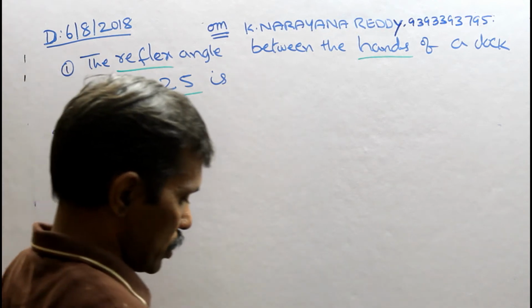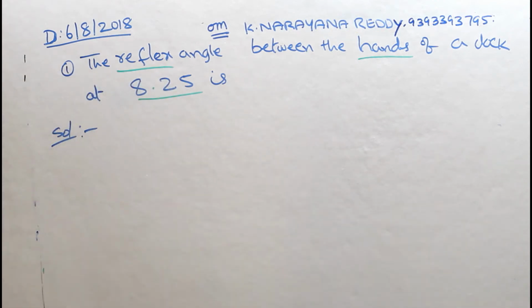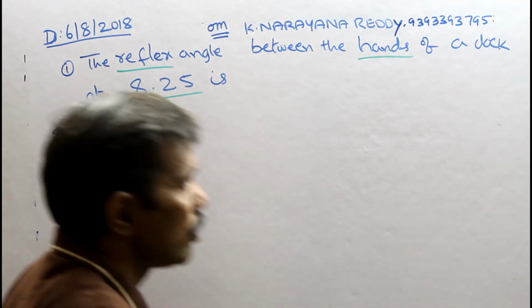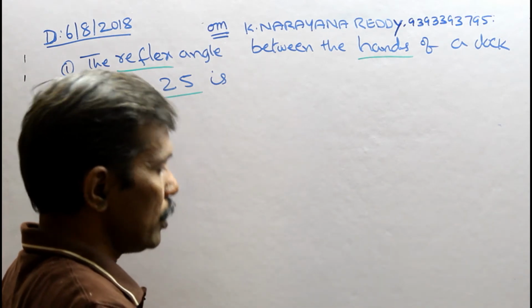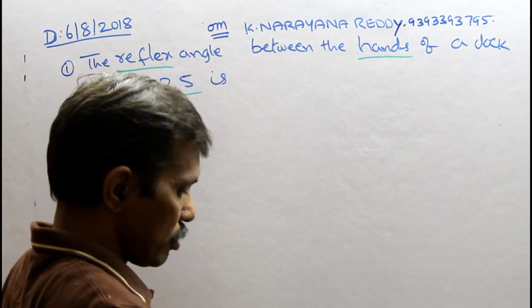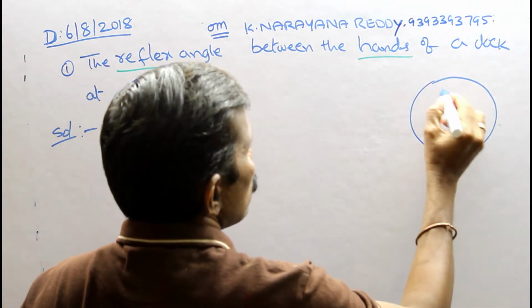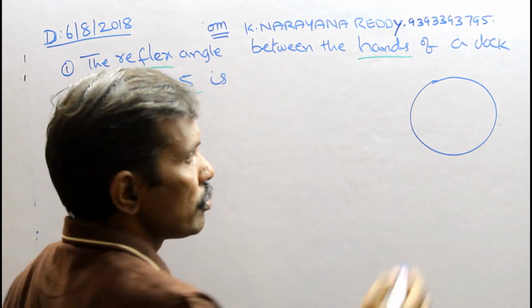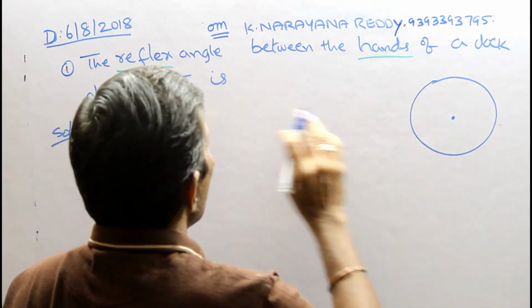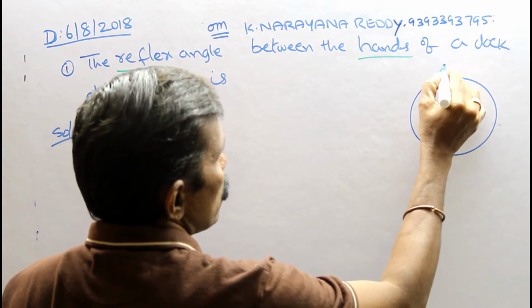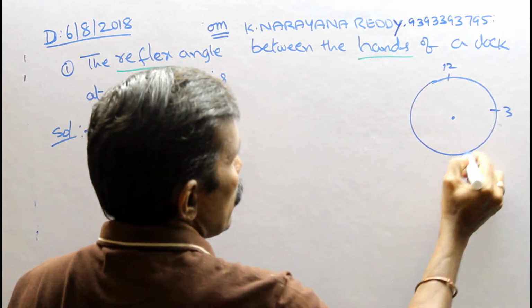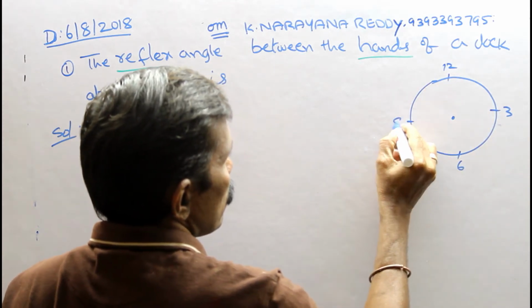So how to draw this? See here, the important point is in a clock. Okay, this is a clock. Center. 8:25 means 12, 3, 6, 8.